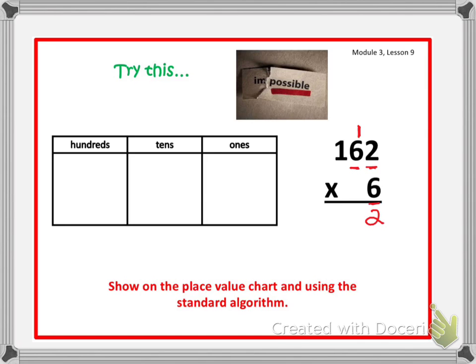So it becomes 60 times 6, and that is 360. I'm sorry, it's 36. So that's 360 plus the 1.